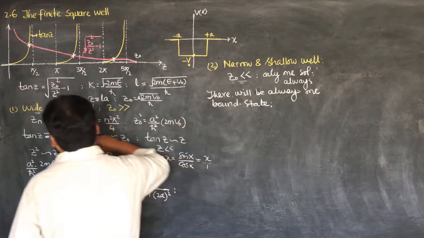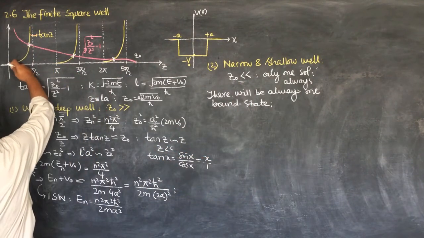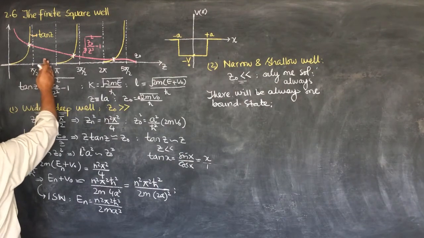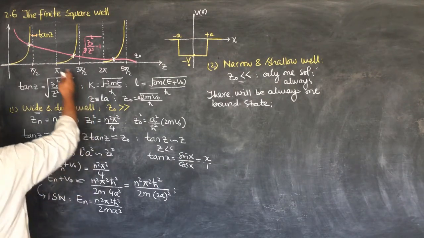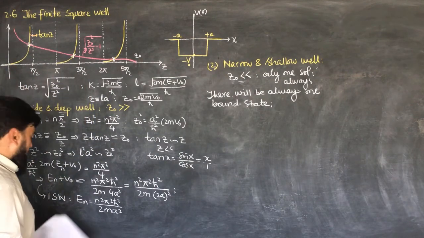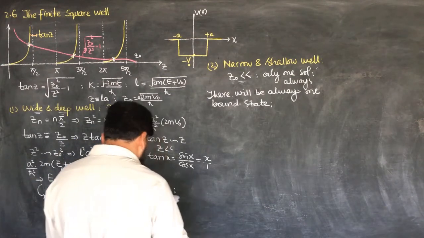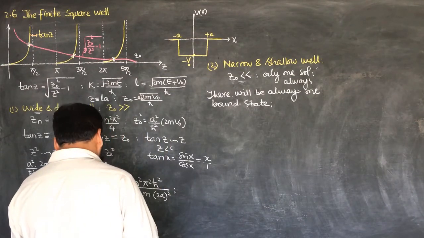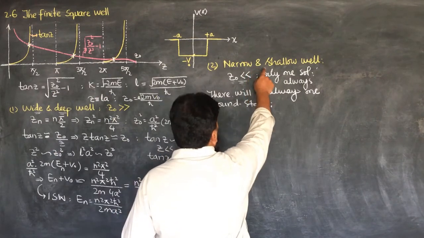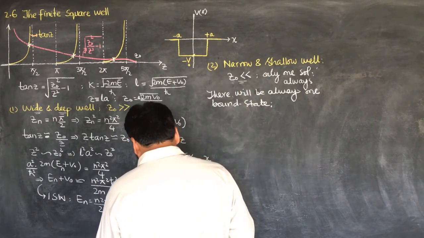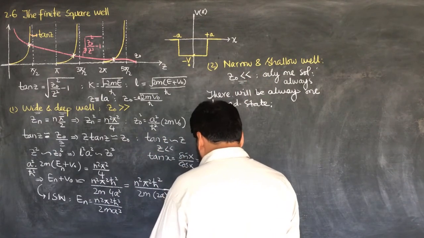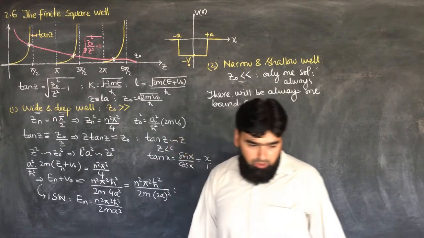When z naught is very small, this line comes down and closer to the origin on this axis, and we have a shallow and narrow well, and only one bound state will always be possible.